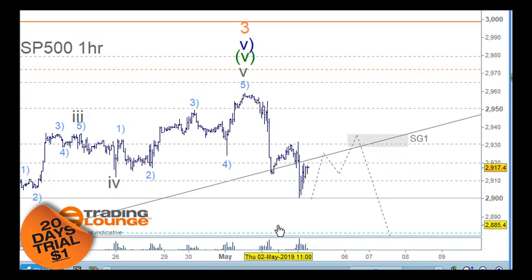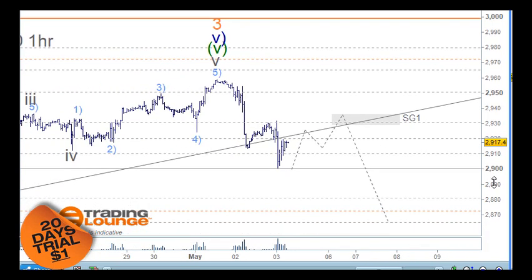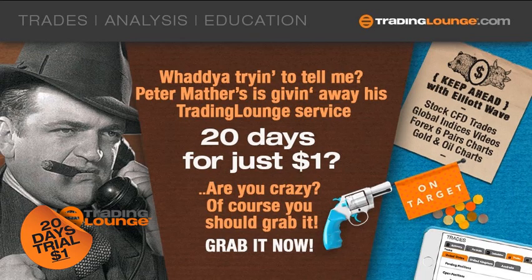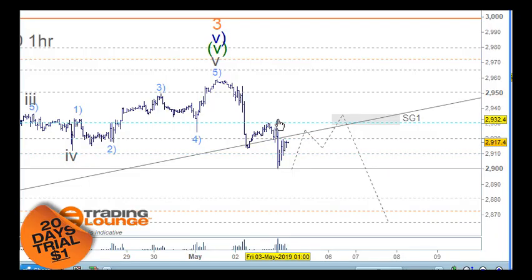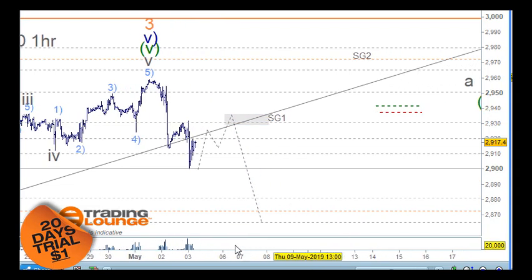I just like to gather more evidence, the more the better, isn't it? So 1 and 2 and 3 and 4 and 5 here. So then we'd look for an A wave, a B wave, and a C wave to come back into the 2930 sort of area, just a tad above that, and then come down here again as well.